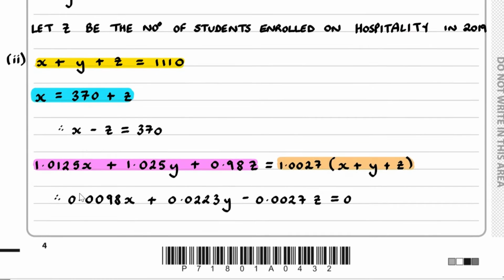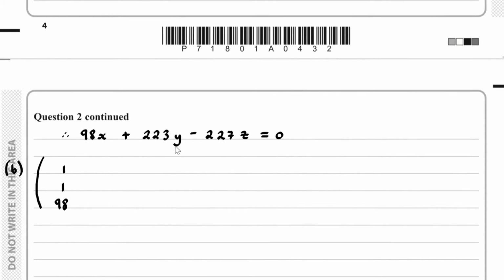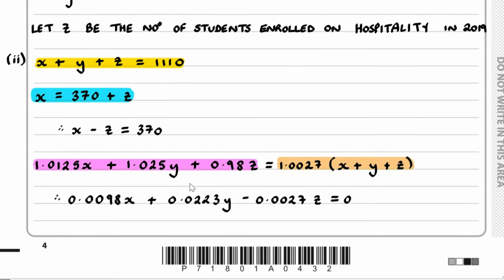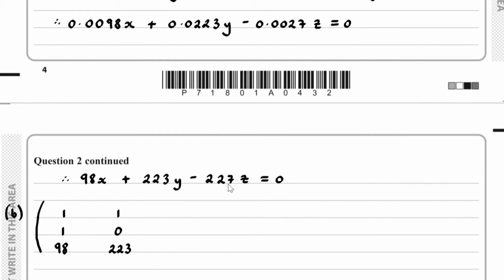And then for the y's, we've got 1, 0, and 223. And in terms of the z's, we've got 1z here, minus 1z here, and minus 227 here. So we've got 1, minus 1, minus 227.